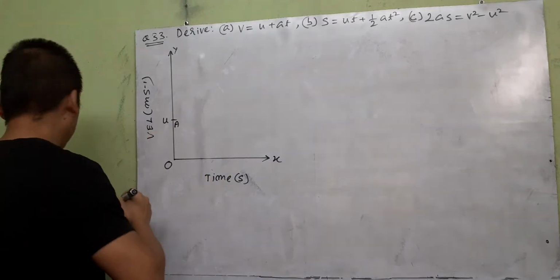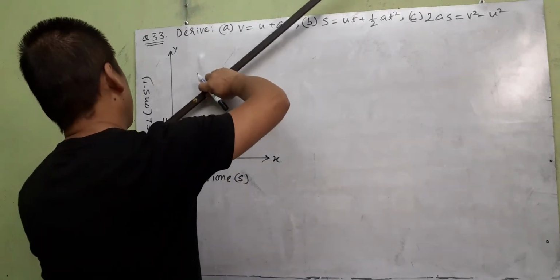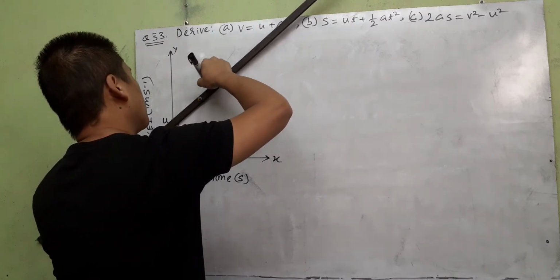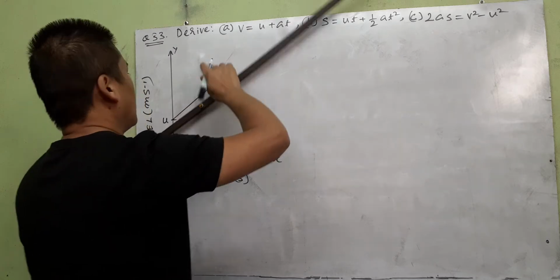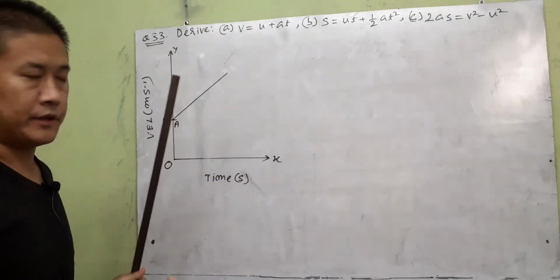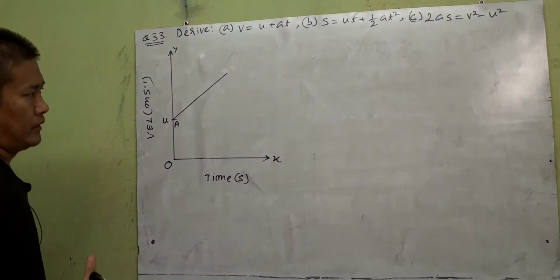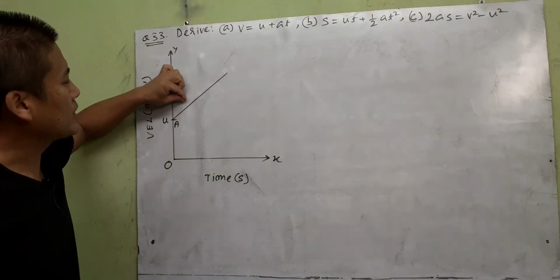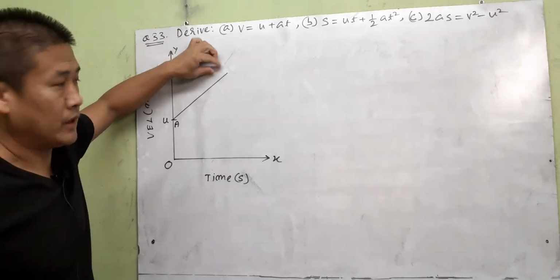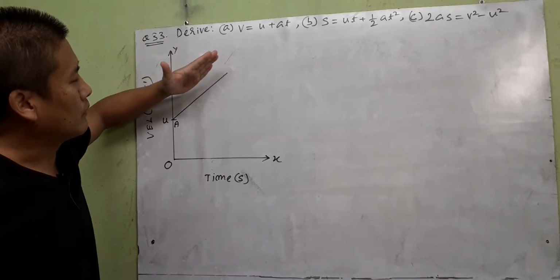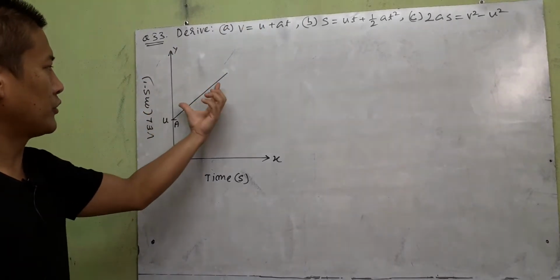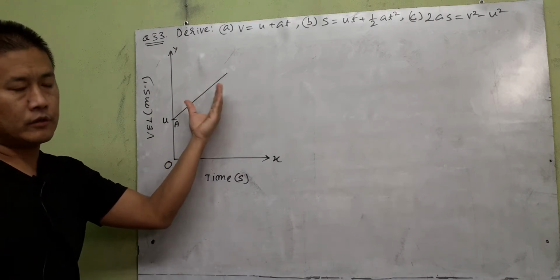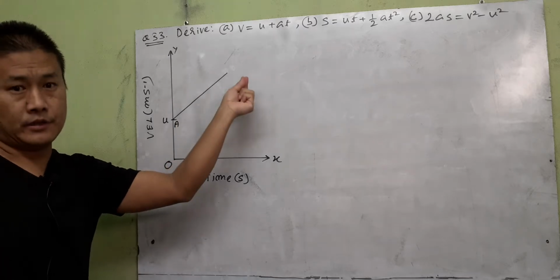Let us say its velocity increased uniformly. In the previous class we learned that the graph for uniform acceleration is a straight line with an upward slope. That means the velocity is always increasing by equal amounts in equal time. So we have to make sure that we take the motion of an object in uniform acceleration.